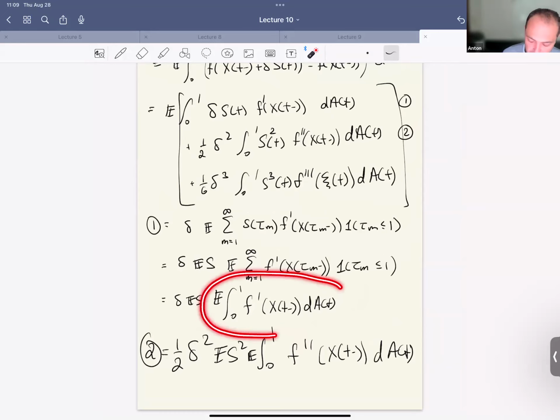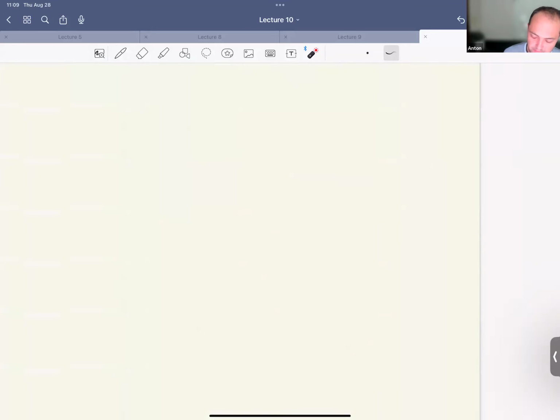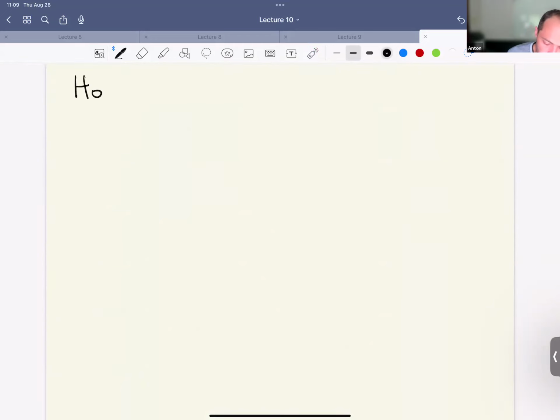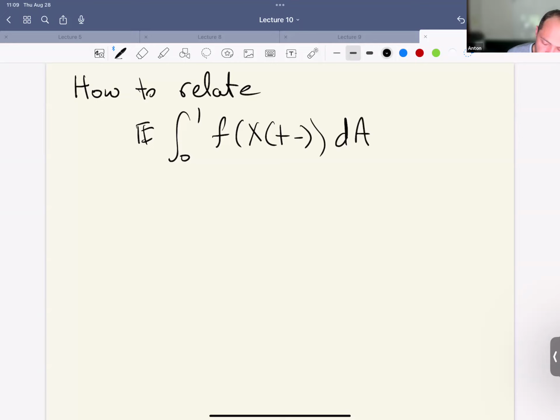And that is to say, how do I relate this expectation? Let's keep this general. I have an expectation, 0 to 1, of a function of x of t, dA of t, to simply the time average of this function.